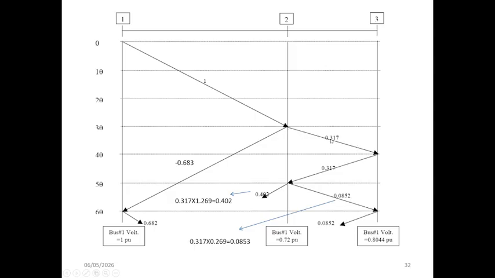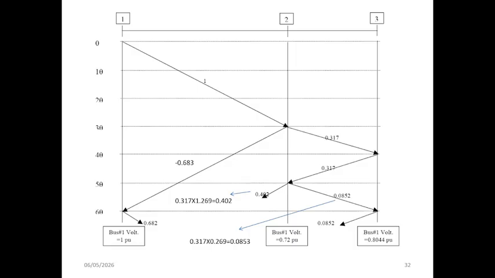with a transmission coefficient of 0.317, and another part is reflected back toward bus 1 with a reflection coefficient of minus 0.683. The negative reflection coefficient indicates polarity reversal.